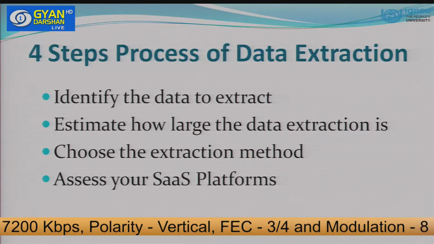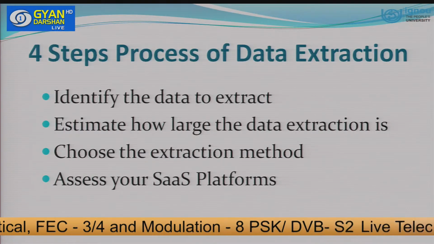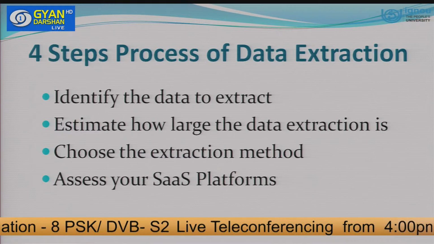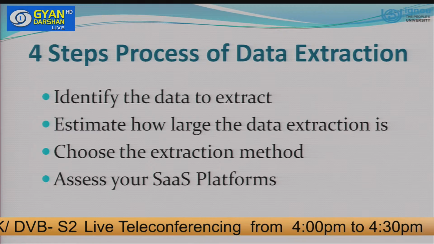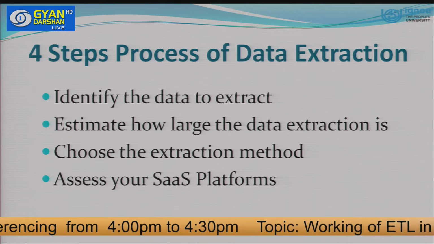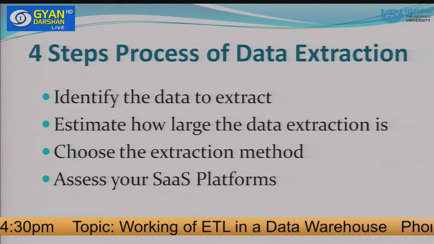So it involves four steps. One is identifying the data to extract. What are the primary data sources from which we have to extract the data? That may be a centralized database, that means a relational, structured database, which may be one of the primary data sources of the data warehouse.